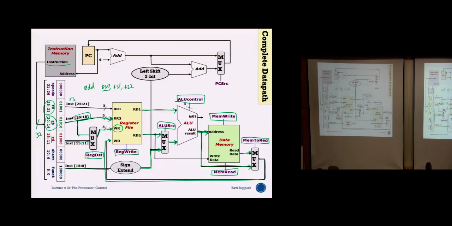At the ALU side, take the 16-bit immediate value. After the ALU comes out, don't take the ALU result, take the data from the memory. So all this is only decided through the control signals. These play a very important role in our processor, and that is what we are going to be looking at in today's lecture.